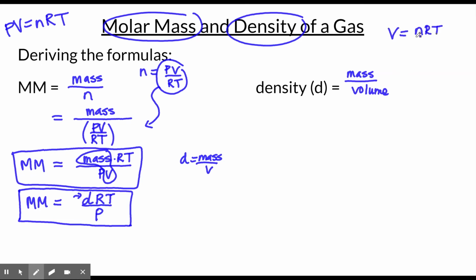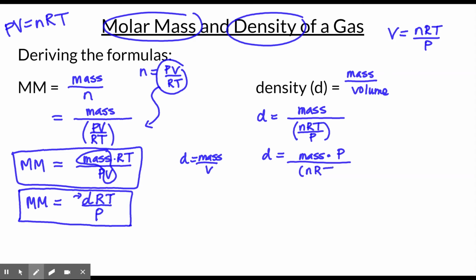Volume is nRT divided by P. So I'm going to replace volume by nRT divided by P. So just like I did with the molar mass derivation, I'm going to simplify the appearance of this formula and multiply mass times P and then divide that by n times R times T. And then similarly to what happened right over here, mass divided by n is molar mass.